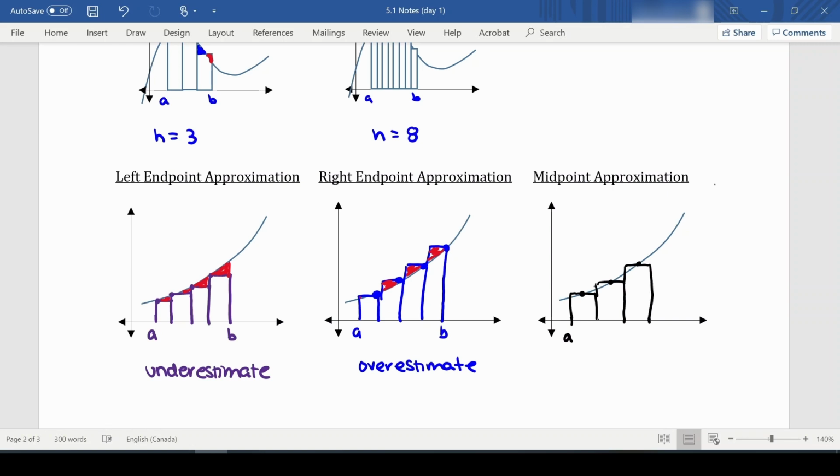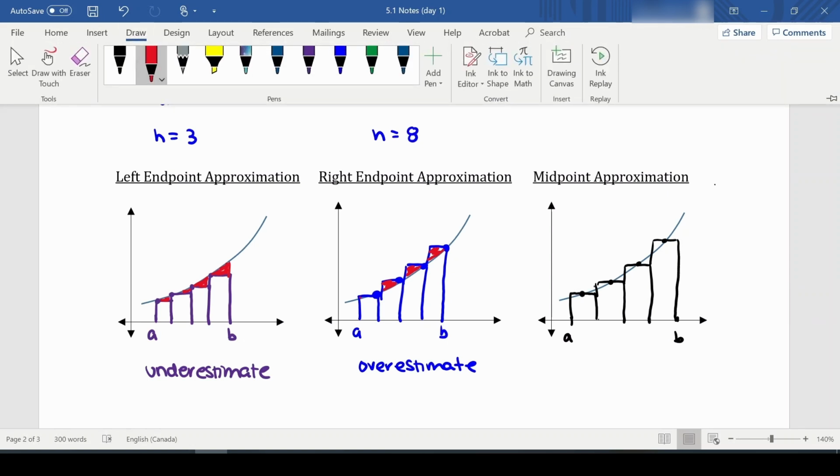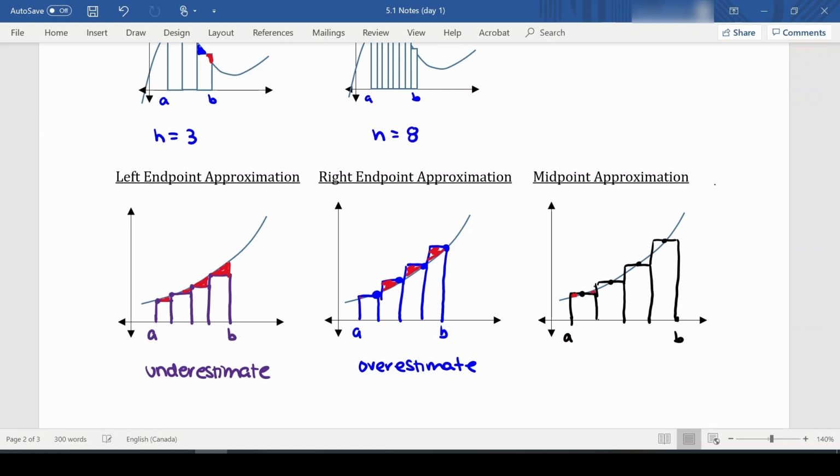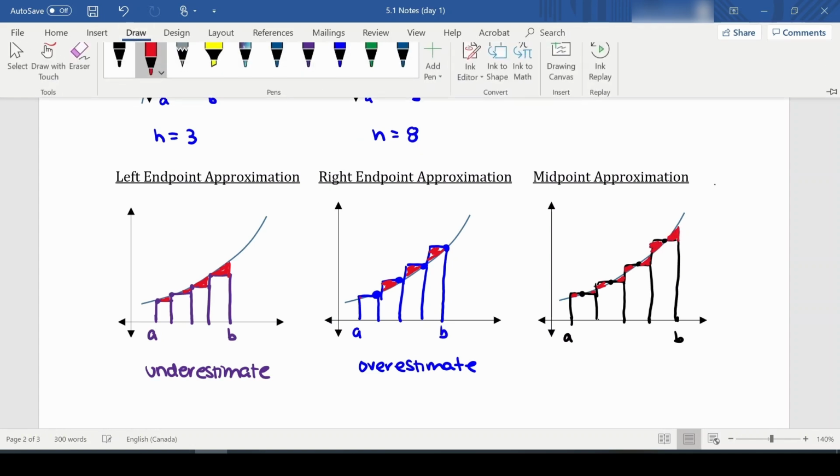So you can see we've got some little bits that are over and some little bits that are under, making this one just right. We've got an over and an under, an over and an under, an over and an under. It's almost like the over and under balance each other out.